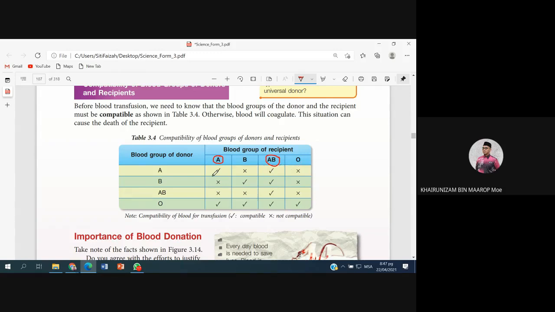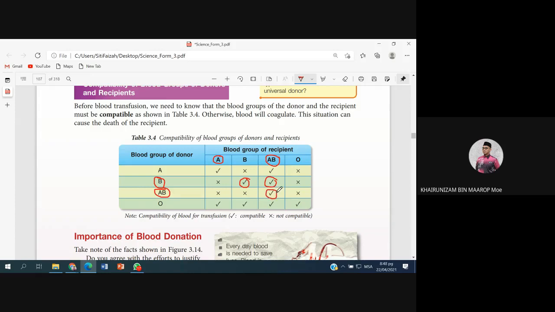Dan kalau B, kamu darah B, kamu derma darah, yang boleh terima hanyalah B dan AB sahaja. Kalau kamu adalah darah AB, kamu hanya boleh derma darah pada AB sahaja.